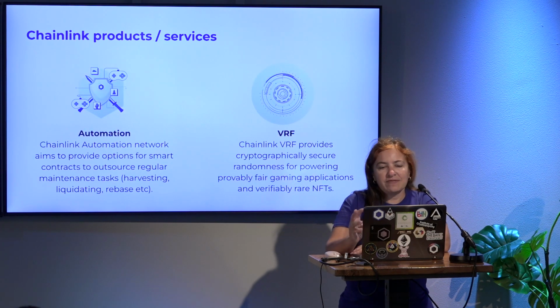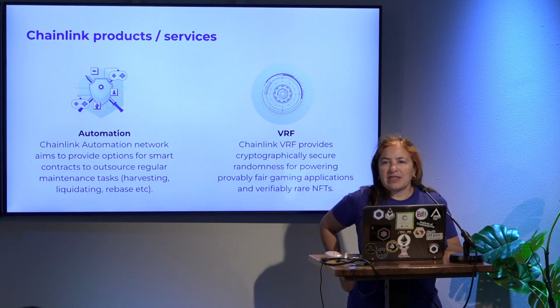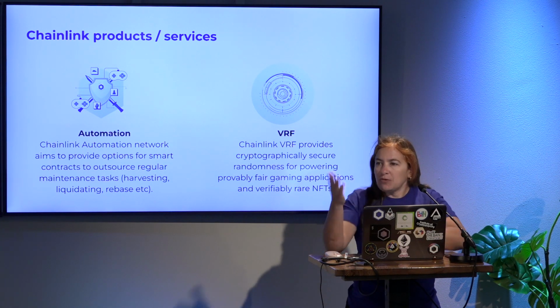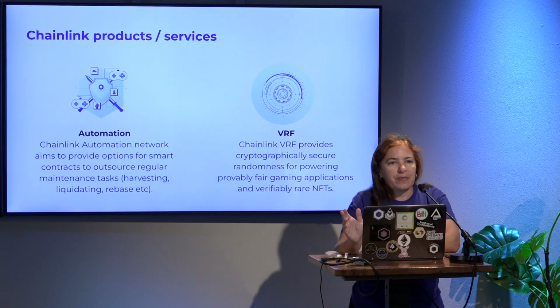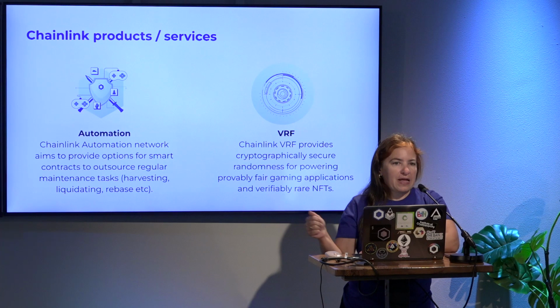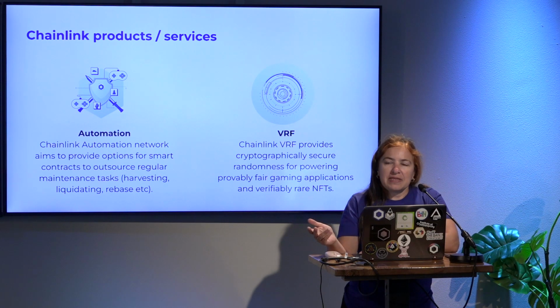And the other services are related to connection with the real world. For example, smart contracts cannot be self-executed. They must have another agent calling them. This can be you calling a smart contract, or another smart contract calling, but this other smart contract must be called as well, or it can be a bot calling the contract, and you can have this kind of bot in a decentralized way.